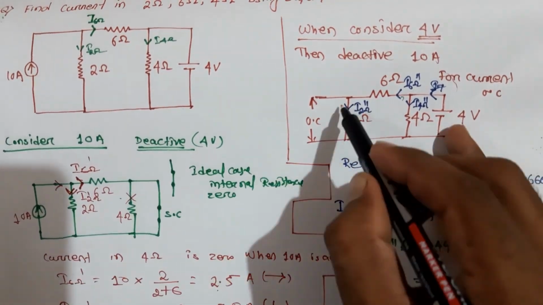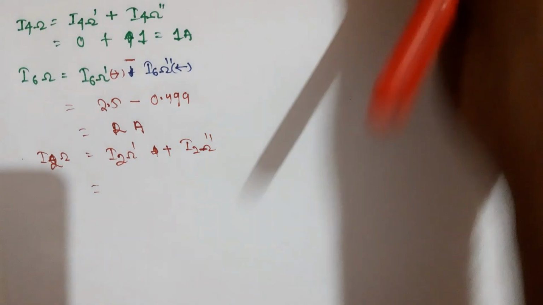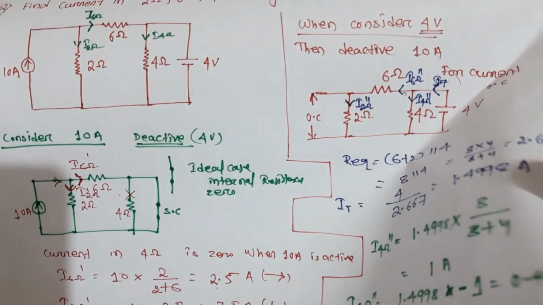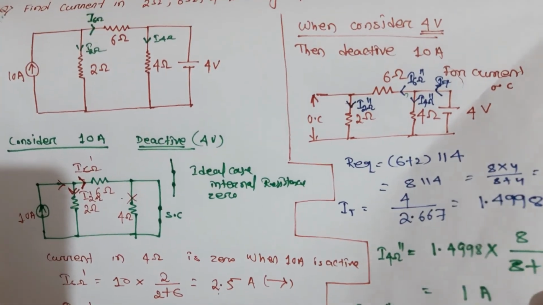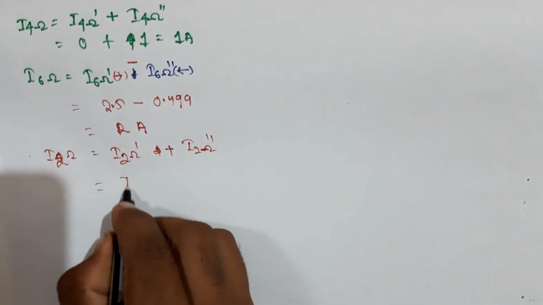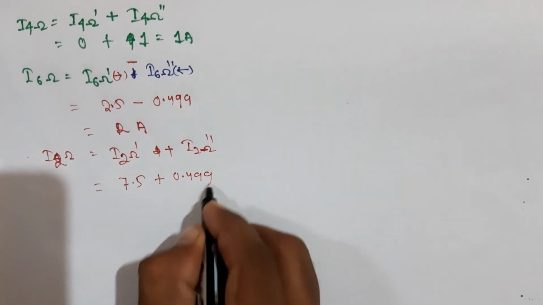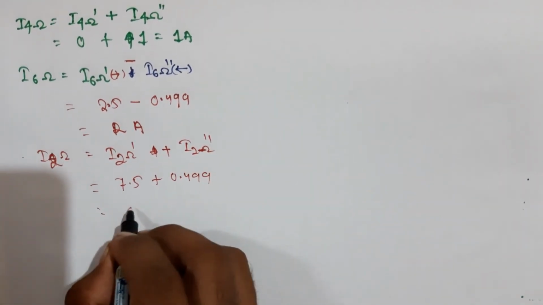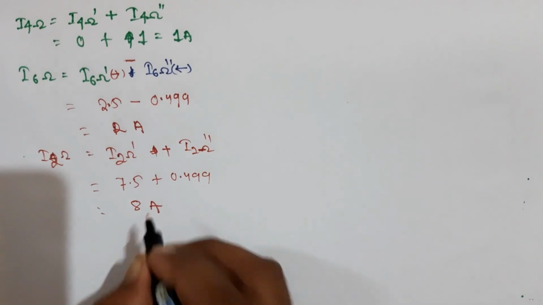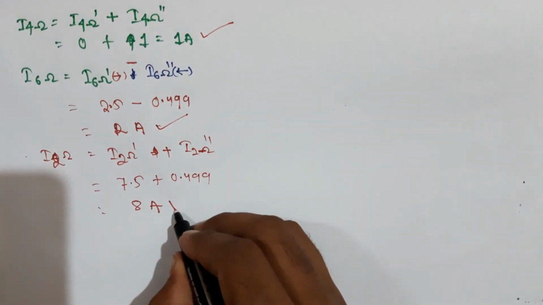So this is 7.5 plus 0.4998, which is 8 ampere. Here the first current is 1 ampere, then 2 ampere, then 8 ampere.